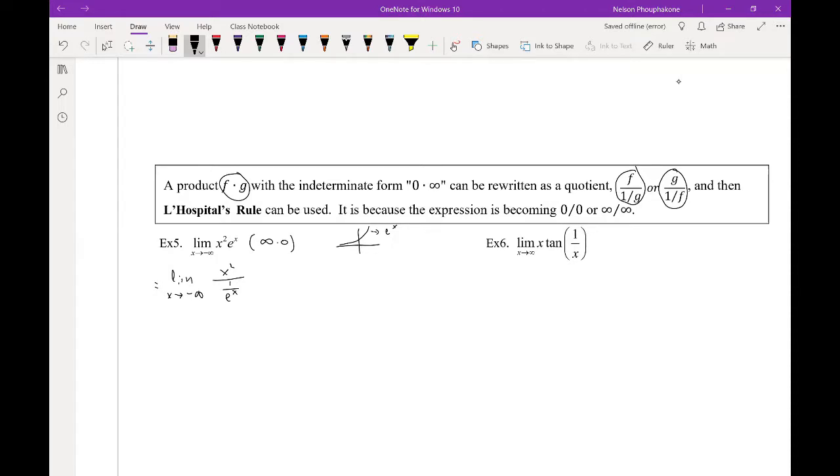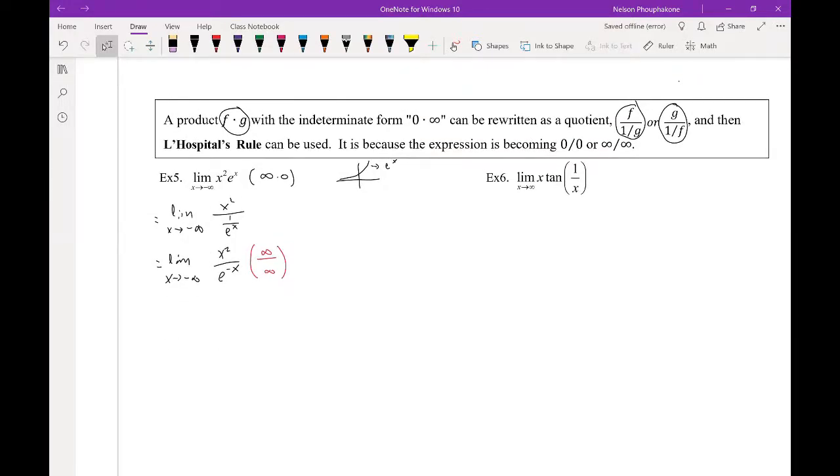So I will have x squared over e to the negative x. Now, if we check, I will have infinity over infinity. So what we could do is apply the L'Hopital rule, and I will have 2x over negative e to the negative x.